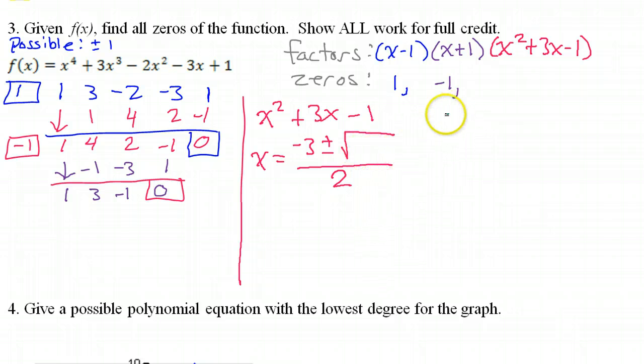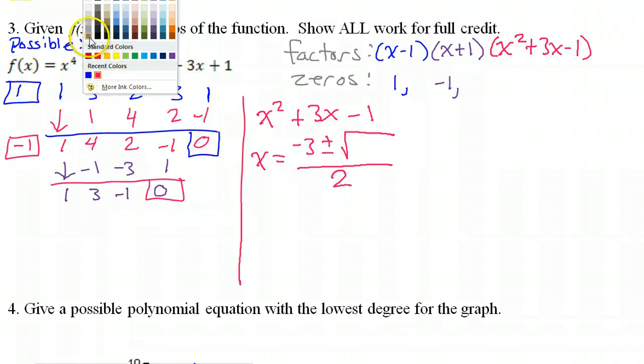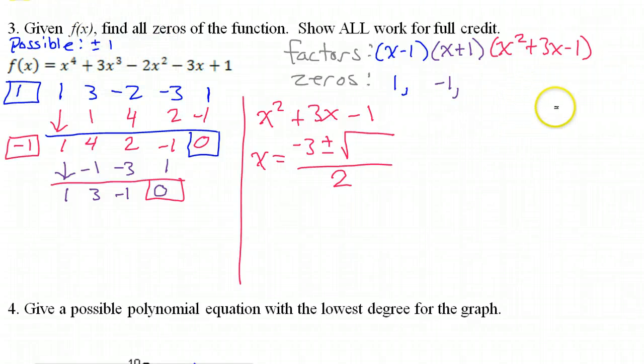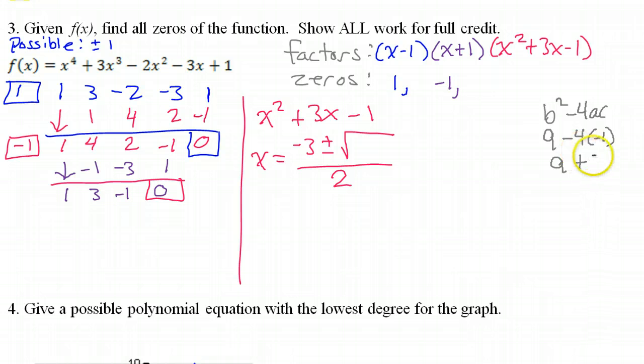Now, under here, and I'm going to have to do this off to the side like I always do, you do b squared minus 4ac. Well, b is 3, so b squared is 9 minus 4. a is 1, so I'm not going to put that, but c is -1. Now, a negative times a negative is a positive, so this will be 9 plus 4.